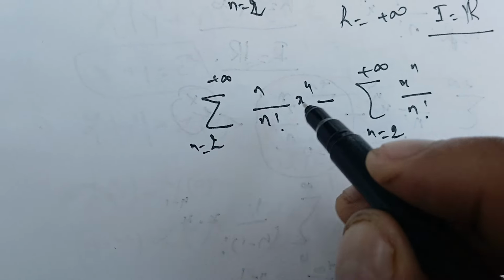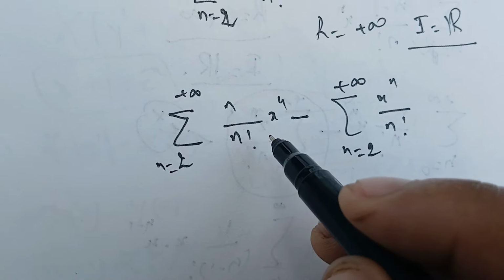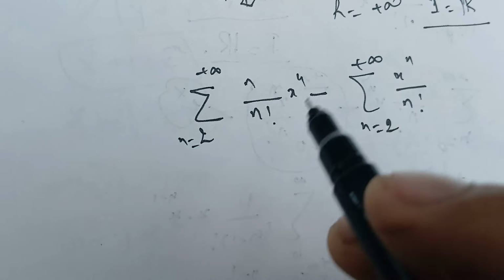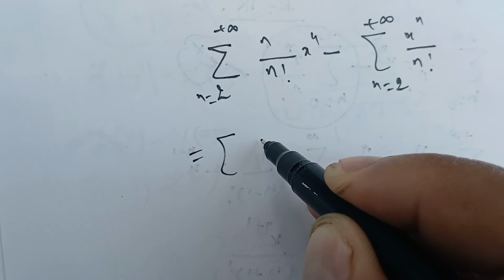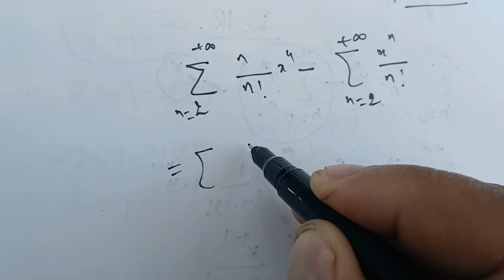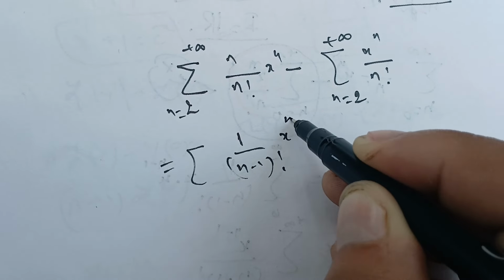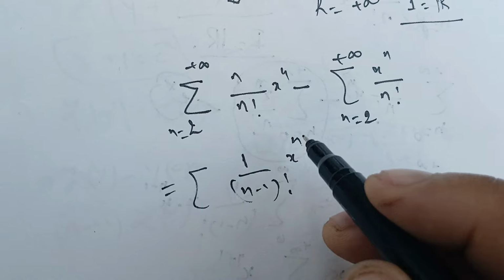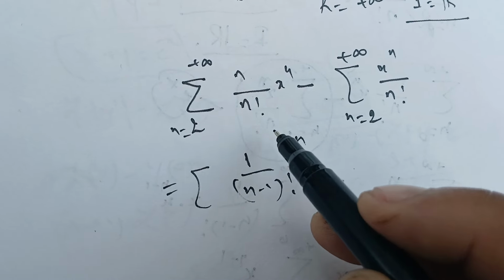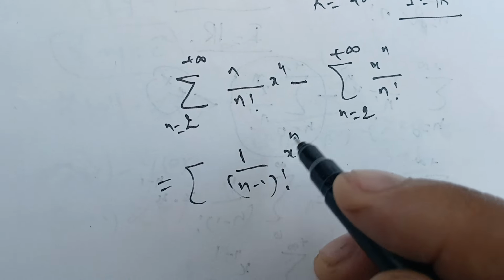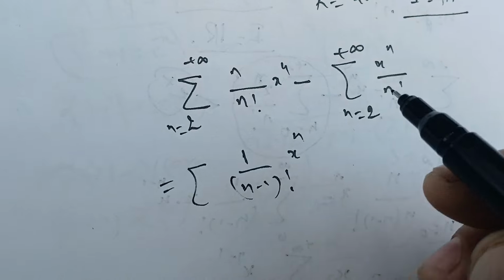Let's simplify the first one. We have n over n factorial, which is 1 over n minus 1 factorial, times x to the power n. I use the fact that n factorial is n times n minus 1 factorial, and I simplified by n.